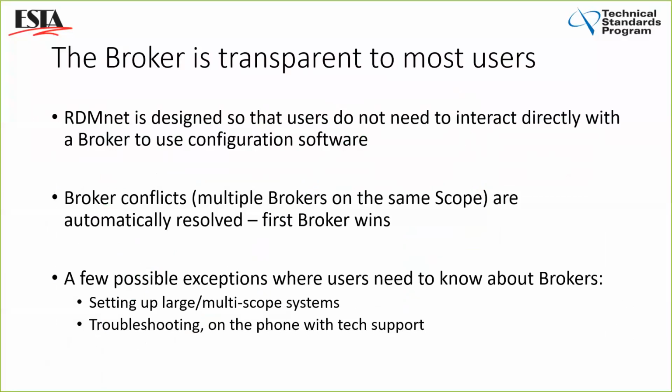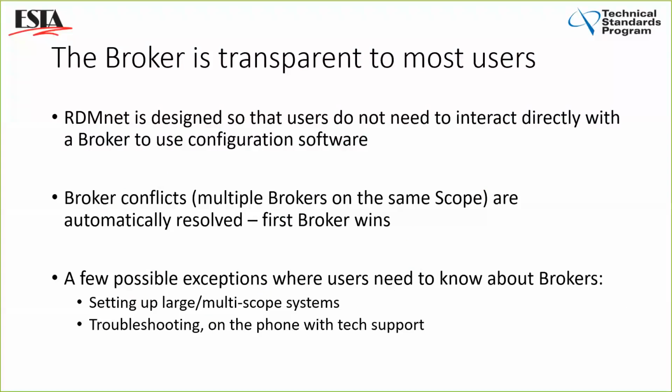So really it should just look like if I connect a controller and several RDMnet capable devices to a system, everything will just work. What facilitates this is, like Scott said, everything ships from the factory set to a default scope. So when you bring a set of new equipment online together, including a broker, everything will be set to the default scope, discover each other, connect to each other, and just work.